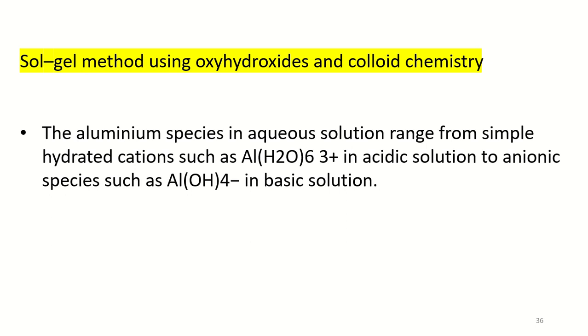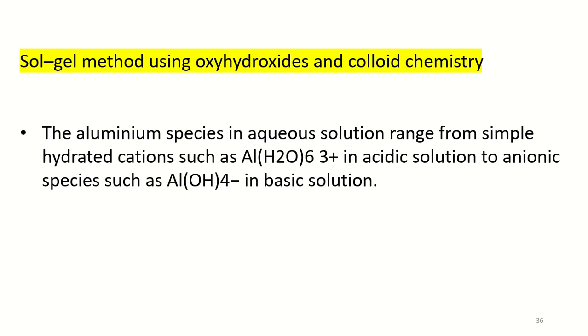For example, the aluminium species in aqueous solution range from simple hydrated cations such as Al(H2O)6 3+ in acidic solution to anionic species such as Al(OH)4 minus in basic solution.